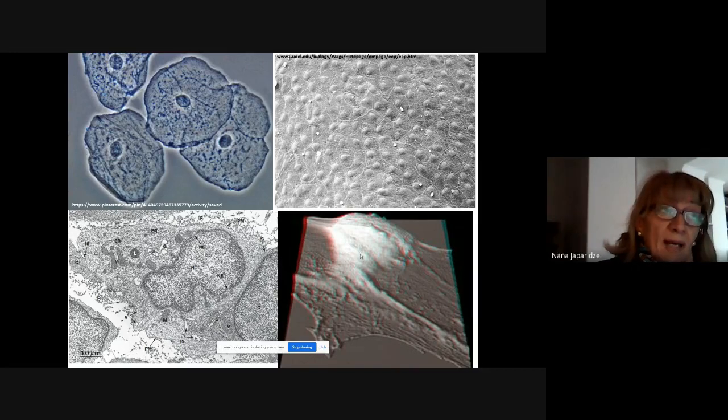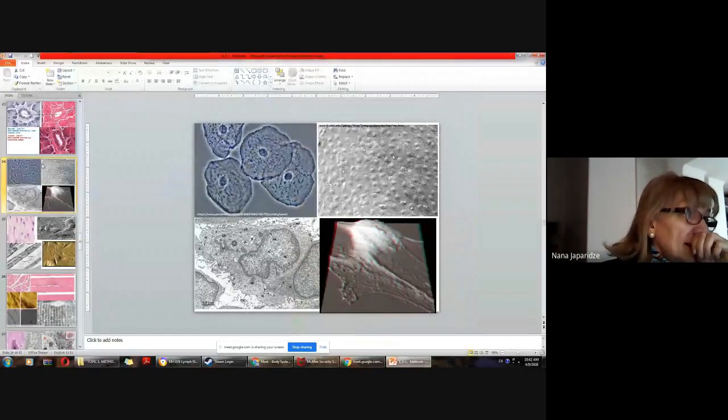Plus, it gives us the possibility to obtain images of live cells in real time, which is really very important for research. We have this atomic force microscopy in our research lab, and later, of course, you will have the possibility to see this microscope too.